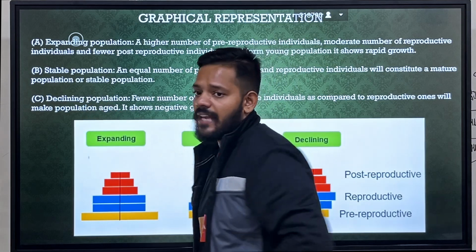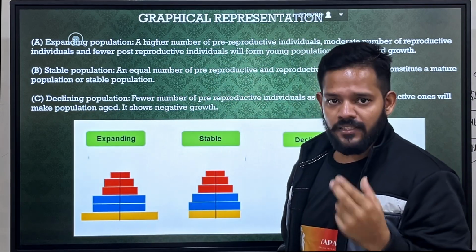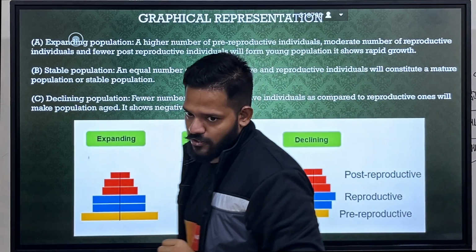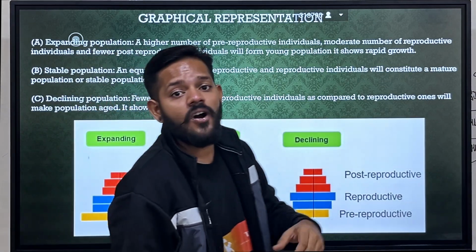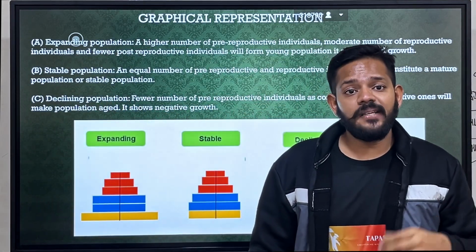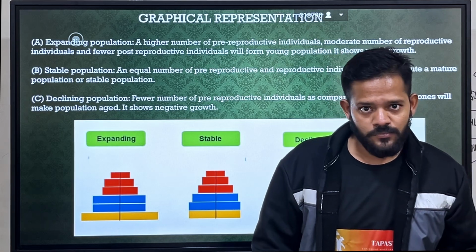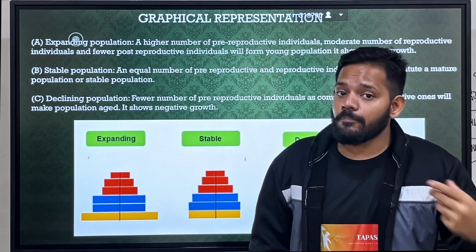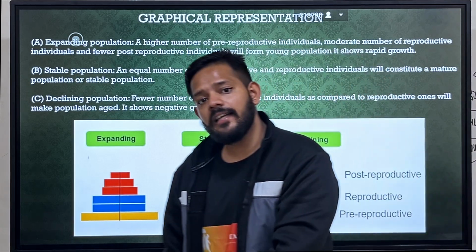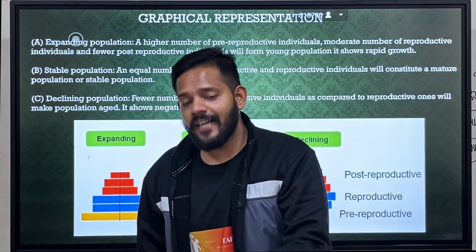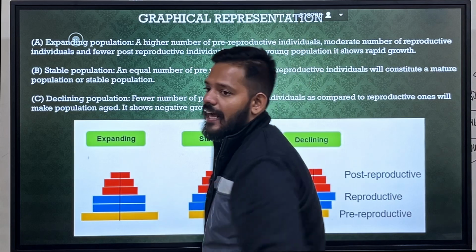Next type is your declining population. In a declining population, what will happen? The number of pre-reproductive, meaning children, is very low, so automatically the adult number becomes low. That type of population is called a declining population.